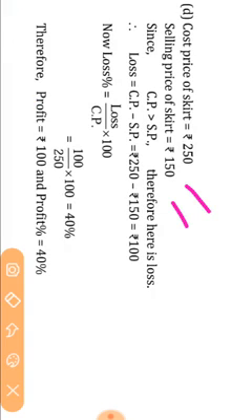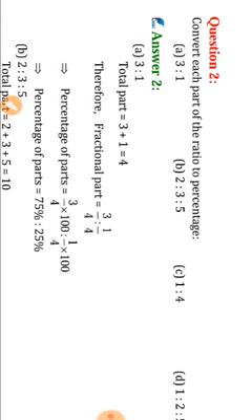See here, the cost price is more than the selling price, so you got a loss. The loss amount is 100 rupees. So 100 divided by 250, on 250 we got a loss, so it is nothing but 40% loss. Then go for the second, but I told this in the example explanation, so I'll directly go for the third main.